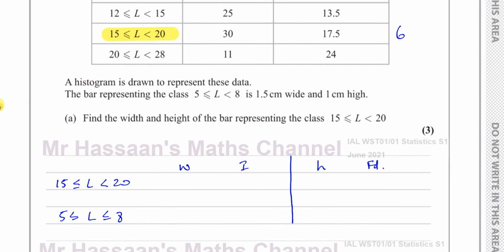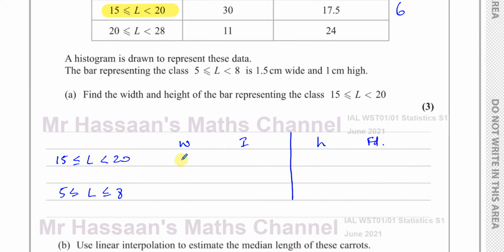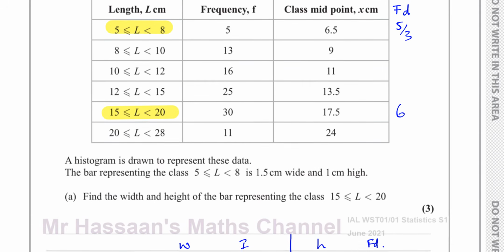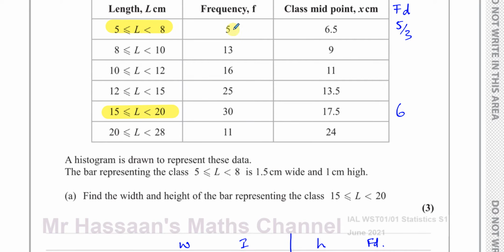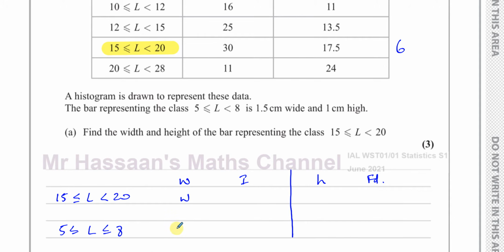So for the 15 to 20, we don't know its width, so I'll just call that W. The width of the 5 to 8 interval is, as they told us, 1.5 centimeters. The interval for the one that we're trying to find is 5, and the interval for the one that we're given is 3.